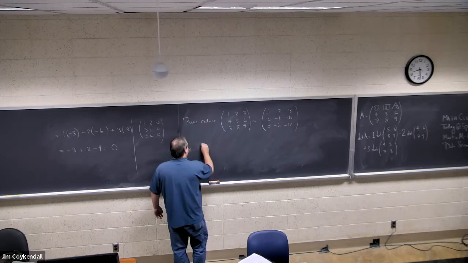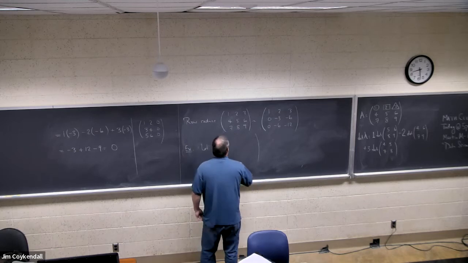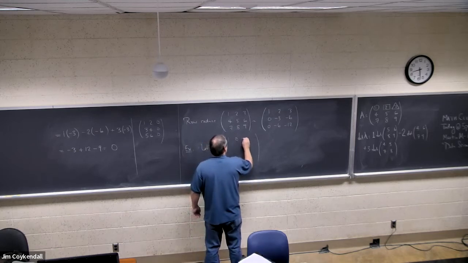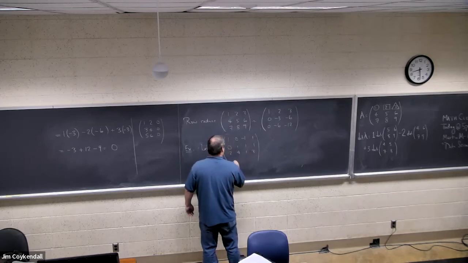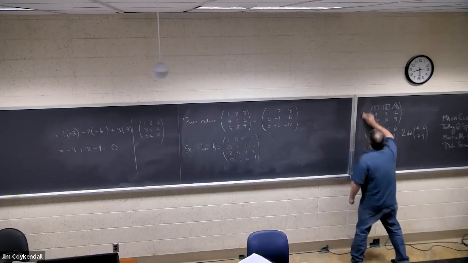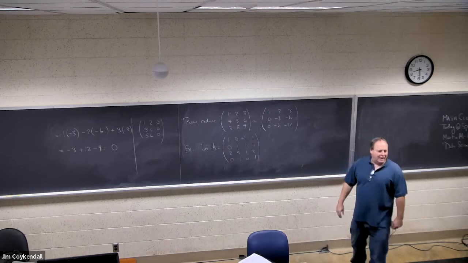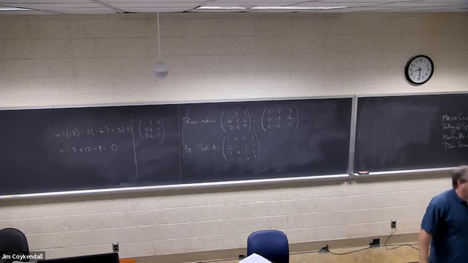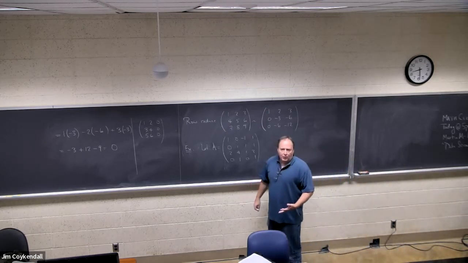Well, let's let A. I'm not sure I'm going to finish this problem, but I'm going to set it up just to show you what obnoxious mess this is. How do you do a 4 by 4 determinant?